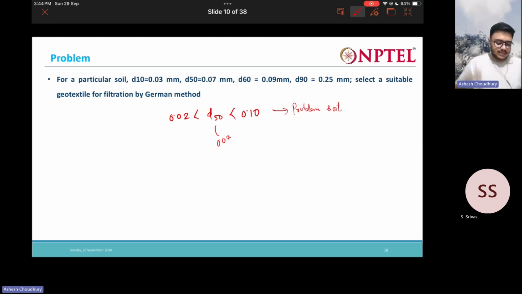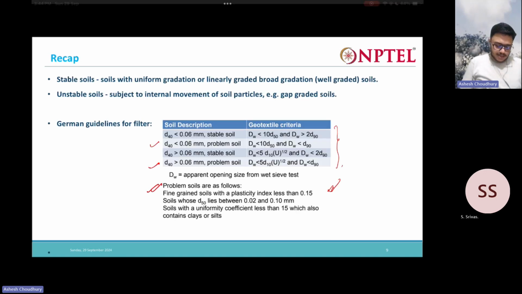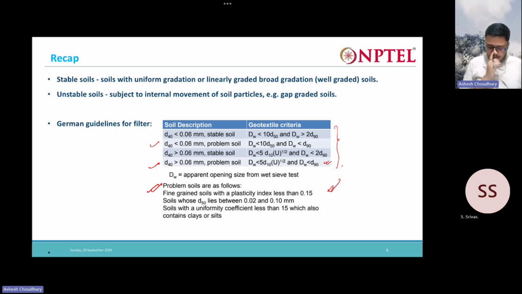Our D50 is given as 0.07, so we can consider that our D40 will be greater than 0.06. So we can focus on this criterion.